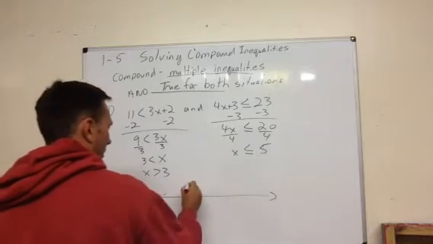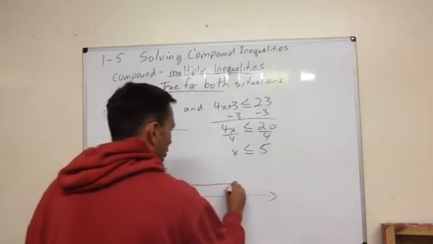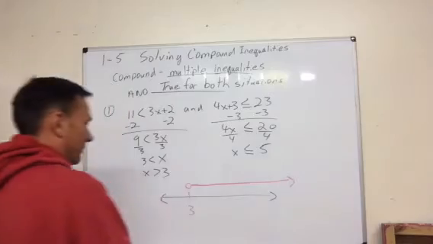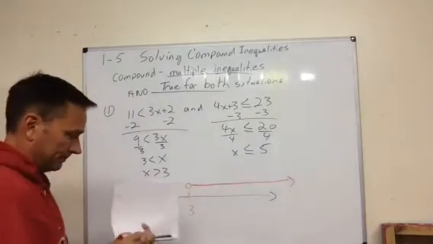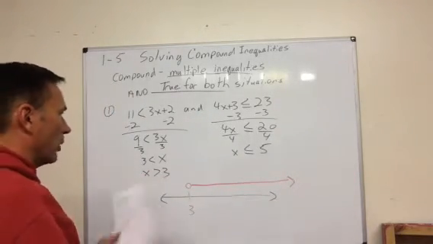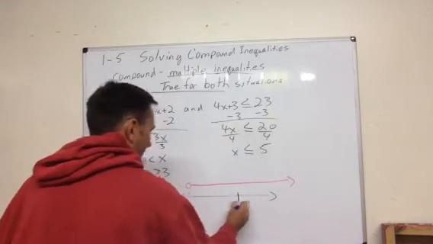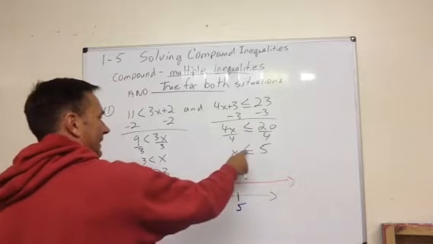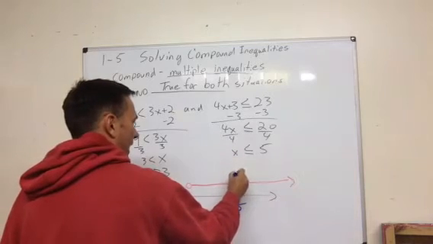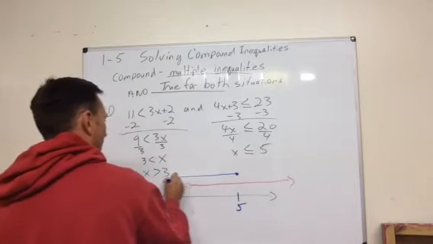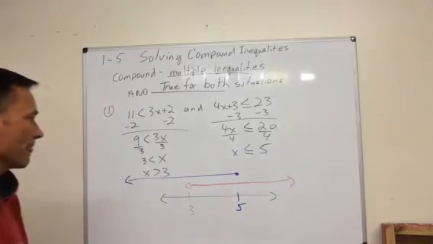Open circle, and it means I will be shading to the right. Everything is greater than 3. With the blue equation over here, there's 5. I know 5 is bigger than 3. It says less than or equal to 5. And it's going to go this way.